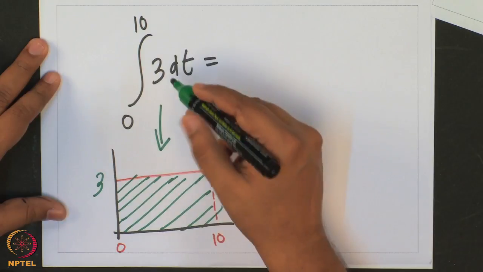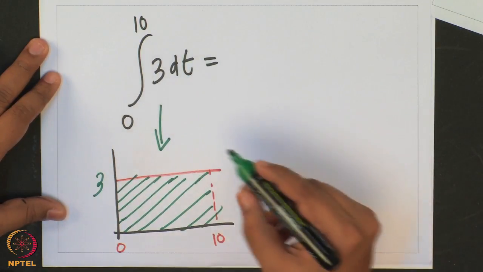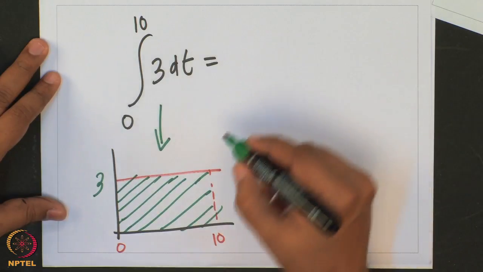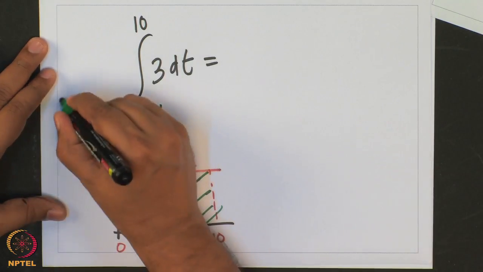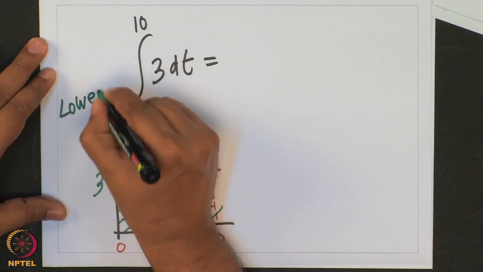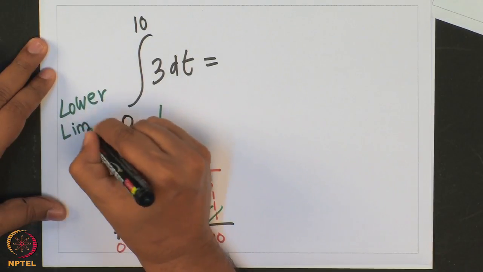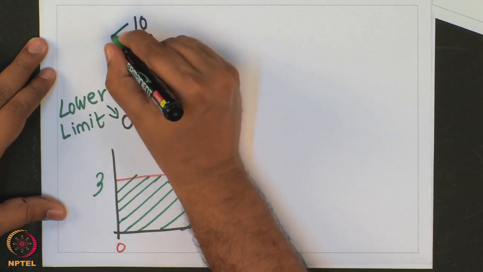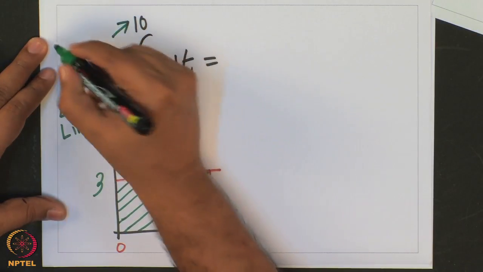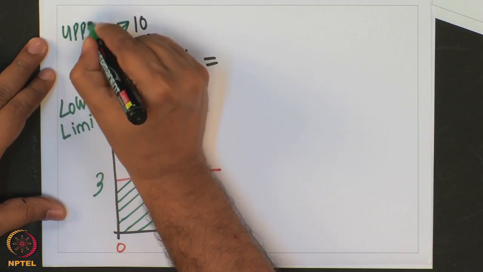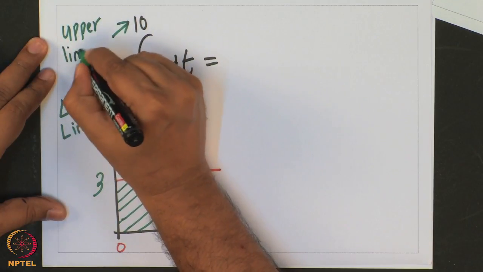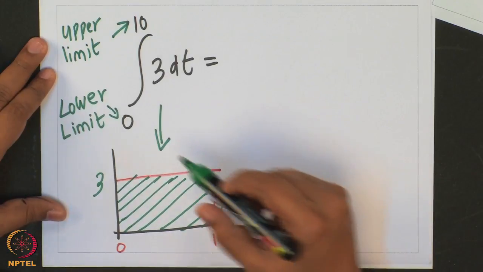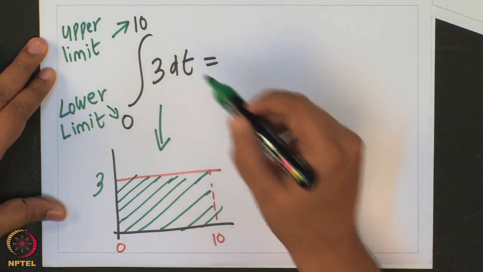Now this integral, which is called a definite integral, has two limits. The lower limit is 0, and the upper limit is 10, and we want to calculate the integral from 0 to 10 of 3 dt.